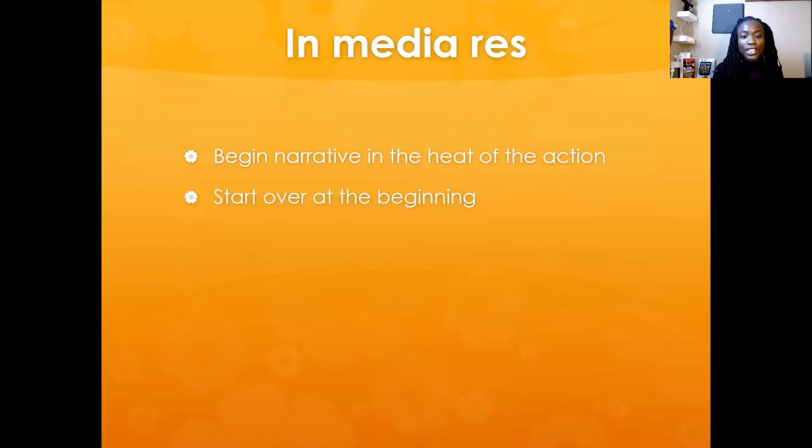I really like the in media res technique, especially for beginners, because I think it's a very easy storytelling structure to understand, right? You start at the beginning of the action, and then you take the reader through and lead them up to how they got to that point. The storytelling is then basically about explaining how you got there.